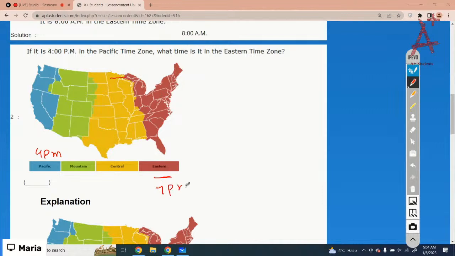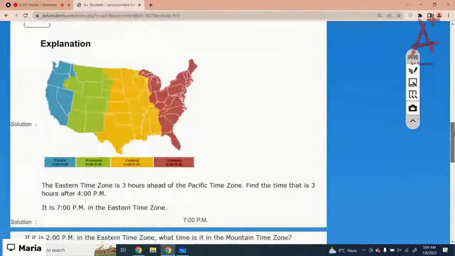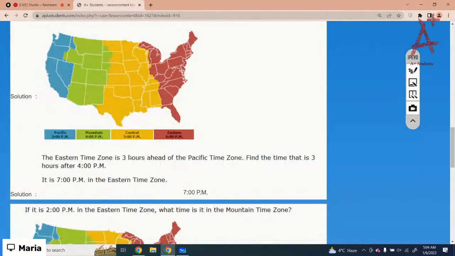In the eastern time zone it is 7 p.m., because the eastern time zone is 3 hours ahead of the Pacific time zone. So if here you have 4, then here you have 7. So in the eastern time zone it is 7 p.m.